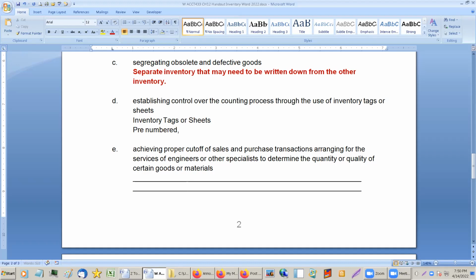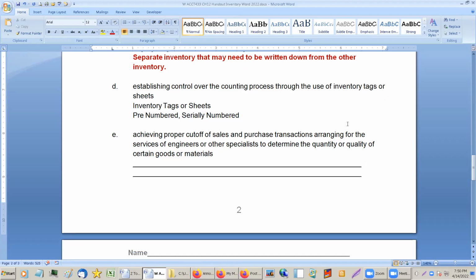One of the humorous things is they always talk about being serially numbered, and I think it's funny because, how else would they be numbered? But pre-numbered, serially numbered, and every one will be accounted for.